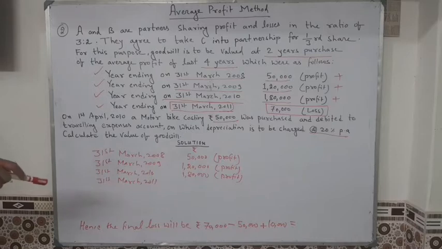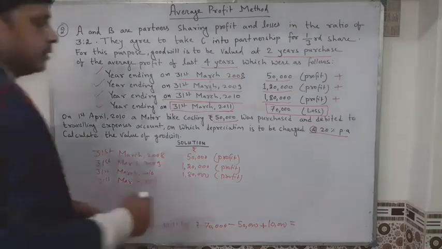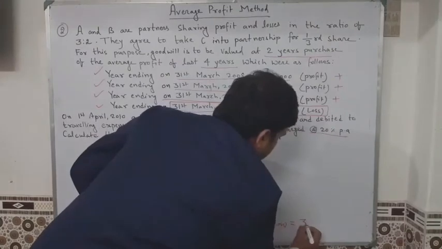Hence the final loss will be 70,000 minus 50,000 plus 10,000 is equal to 30,000.